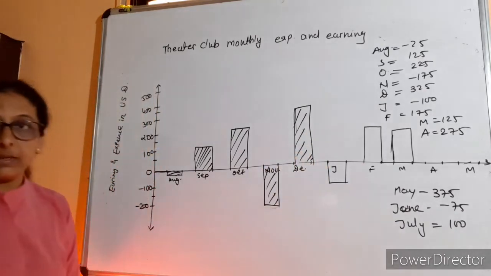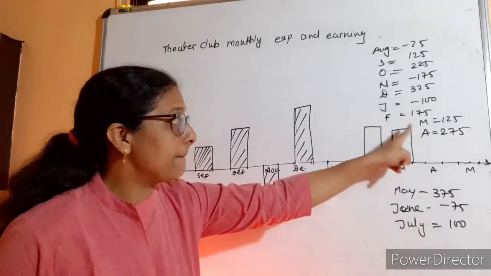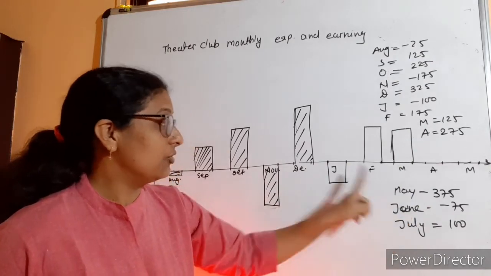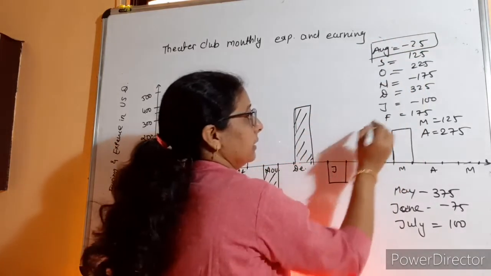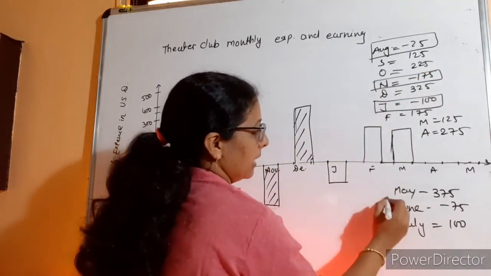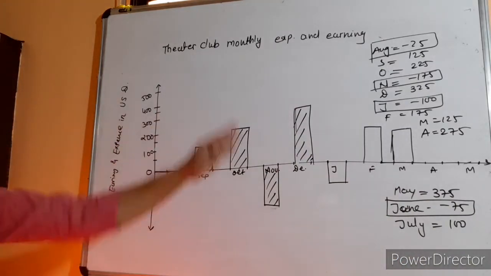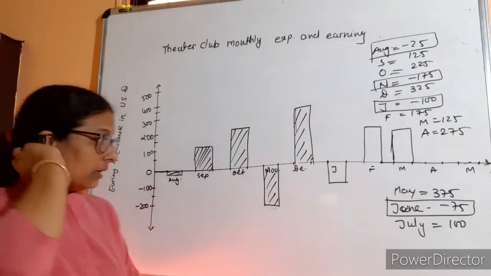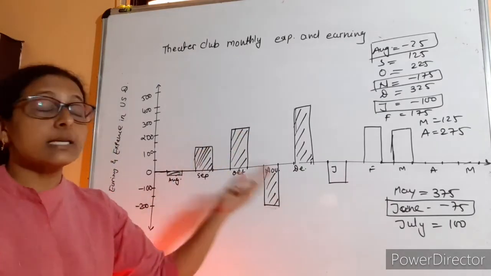August, January, November and June are the months in which they exactly lost, where expense is more than the earning, while all the other months have good earning. This is the graph given of earning versus expense.